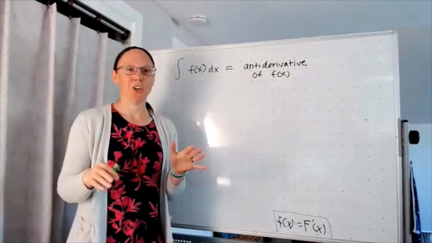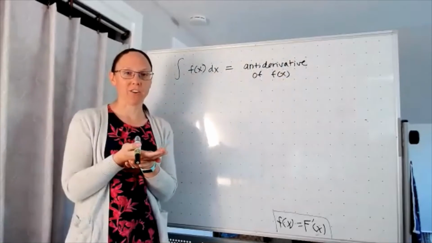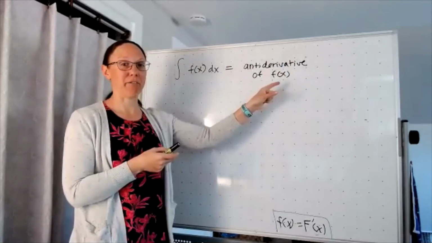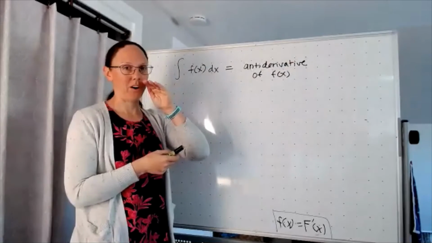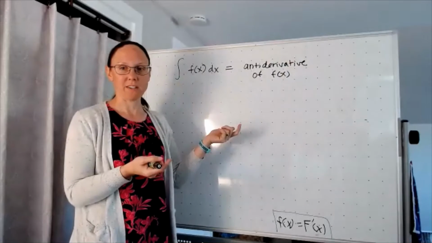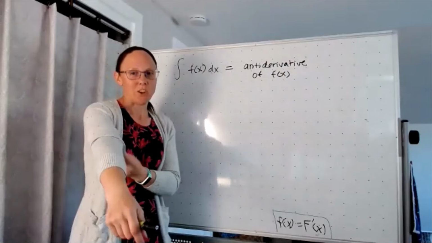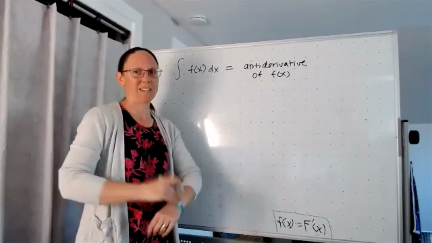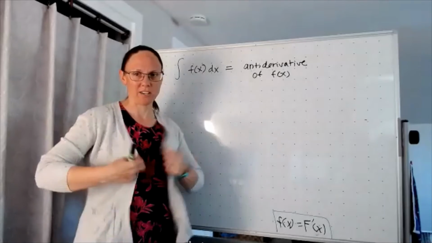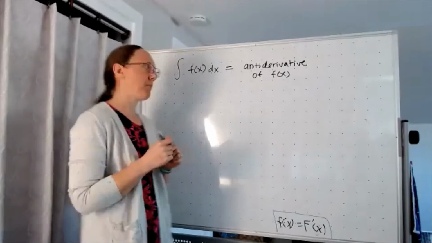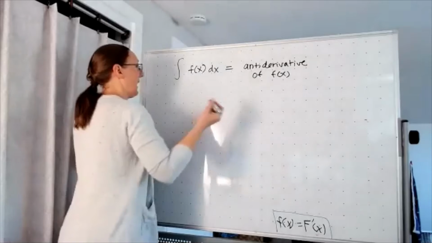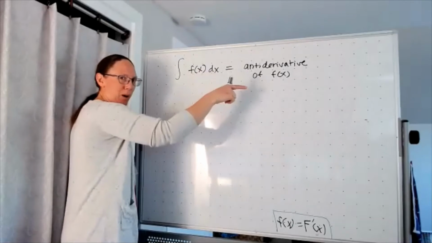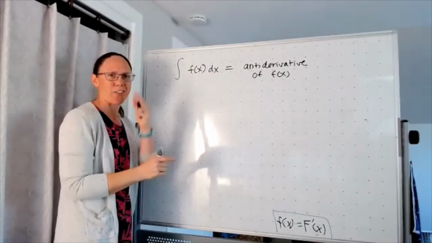It says we can find the area under the curve by finding the antiderivative of that function, and then the second part, plugging in the endpoints. So let's do some examples because I see there are a whole lot of questions. So as an example, that's part one of the fundamental theorem of calculus. I said there were two parts.